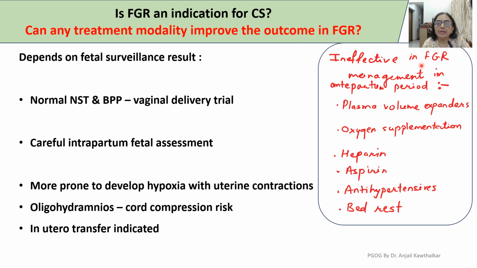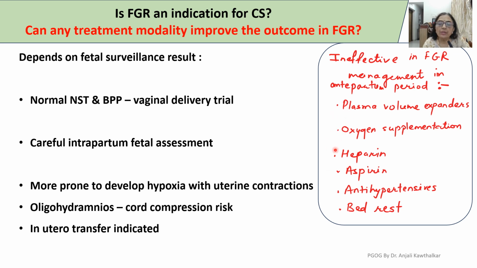What is ineffective in fetal growth restriction management in the antenatal period is that there is no role of plasma volume expanders, oxygen supplementation, heparin, aspirin, antihypertensives, as well as bed rest, because none of these interventions have been shown in studies to improve the overall perinatal outcome.